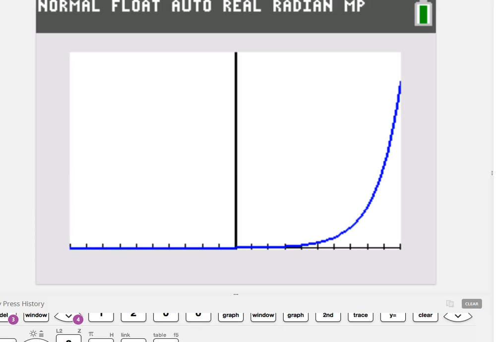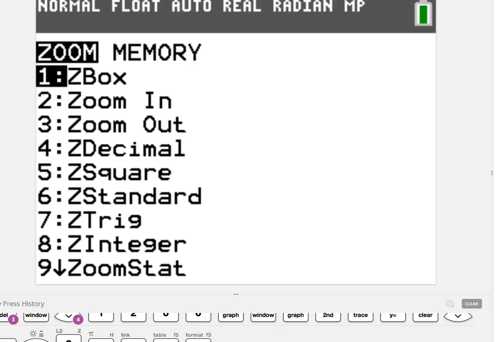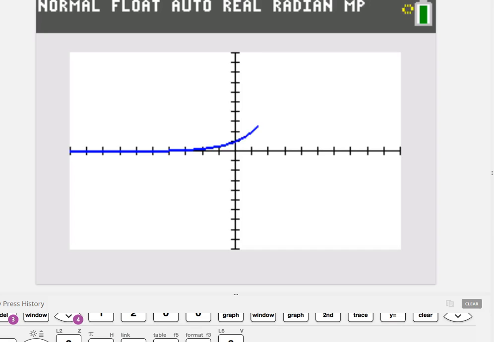Hold on. If you have changed your scale on your graph to something outlandish, like mine goes to y is 1,000, and I don't want that, hit zoom and number 6, standard. It will always take you back to this window where x goes from -10 to +10, and so does y.